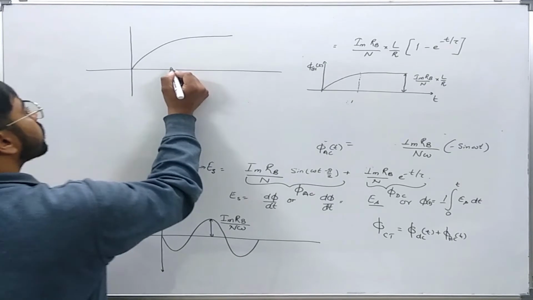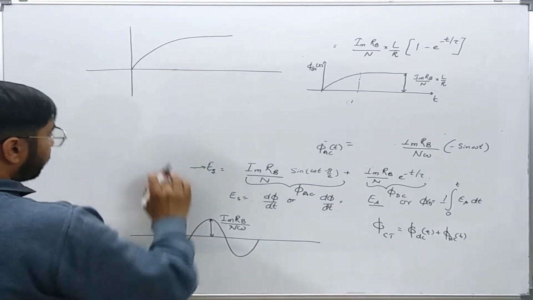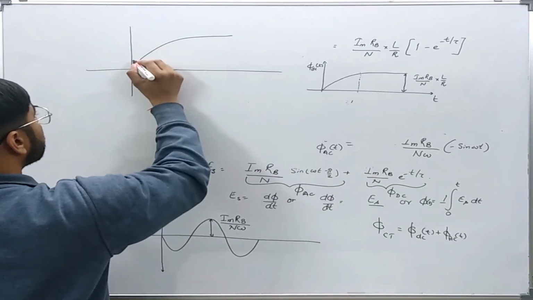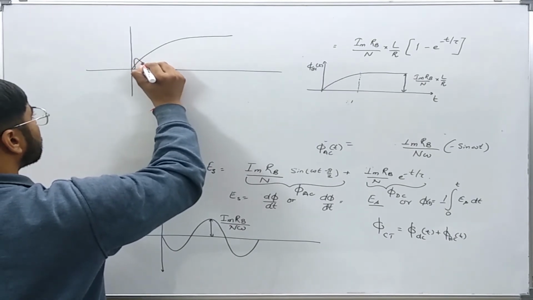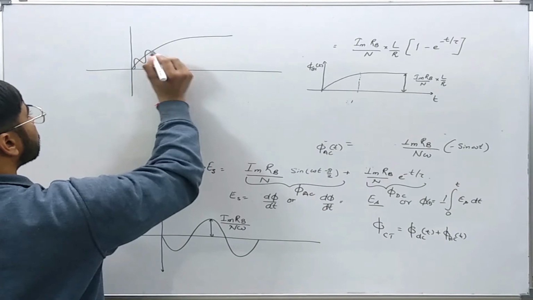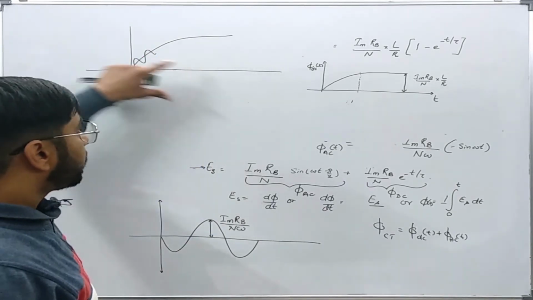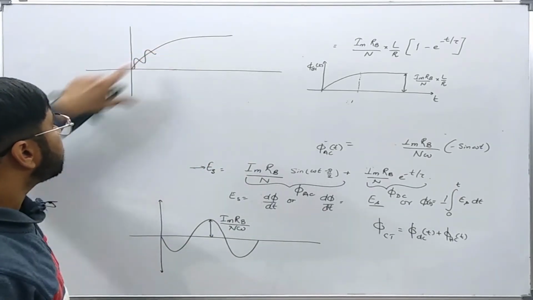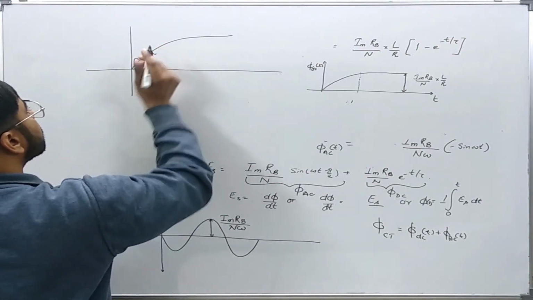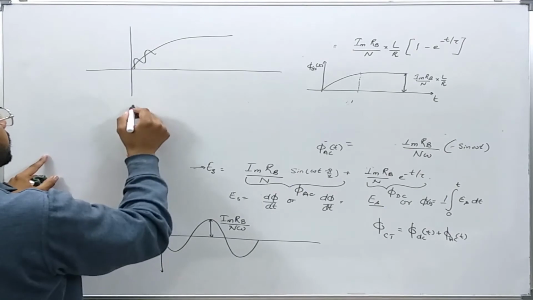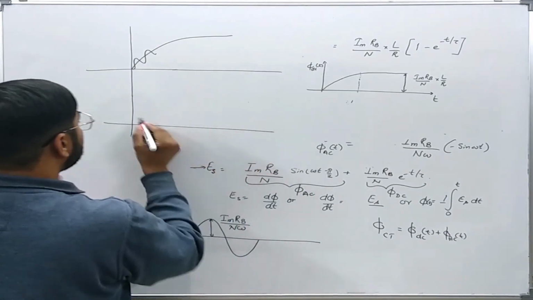And this will be added on it. So their total sum will be found out using this, and the final value will behave like this.